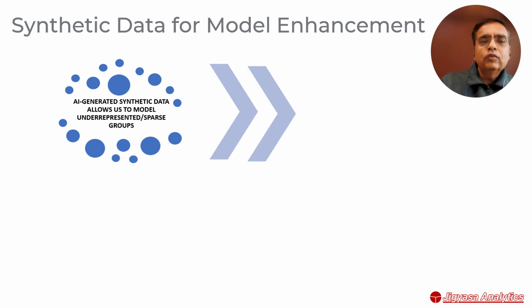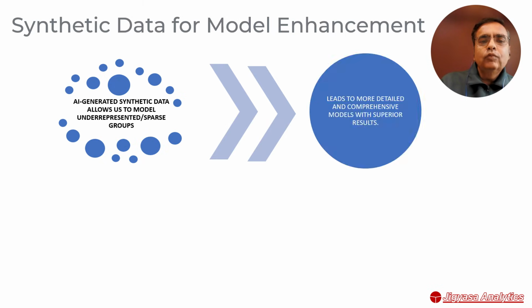Now, once we do that, we are then able to create more detailed and comprehensive models related to superior results. But it would be a fair question at this point for you to ask is, okay, this is synthetic data, how do I know that it will have the same quality of prediction as the real data?